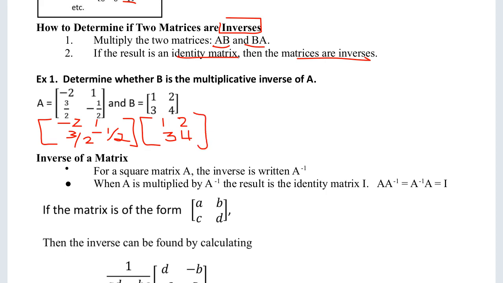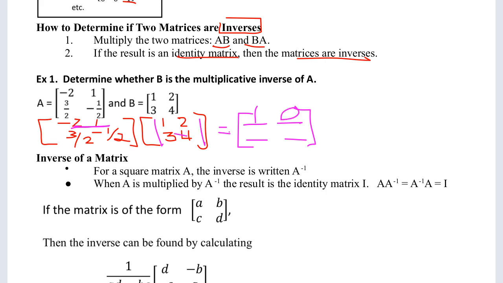And row 1, column 1. Be -2 plus 3 is 1. Then row 1, column 2. So -4 plus 4, 0.